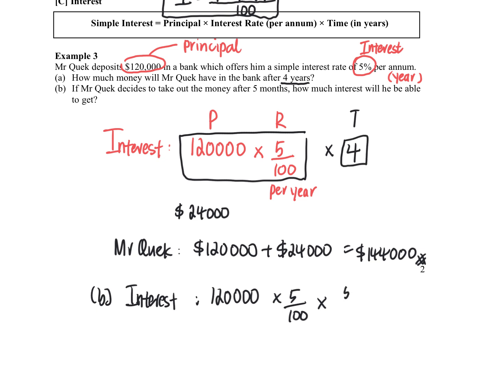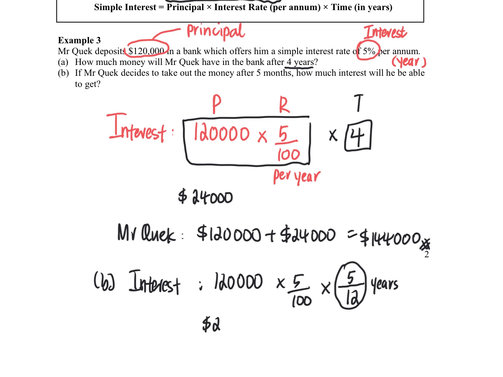So 5 months, you need to change to number of years, means you must divide by what? 5 out of 12. So instead of number of years, it's only 5 out of 12 years. So go and calculate that. After 5 months, how much will he get? He will get $2,500 instead of $6,000.